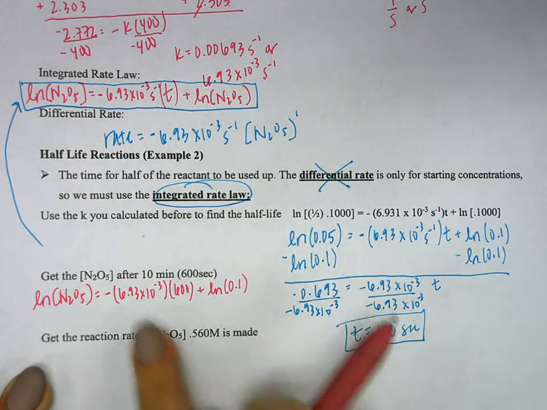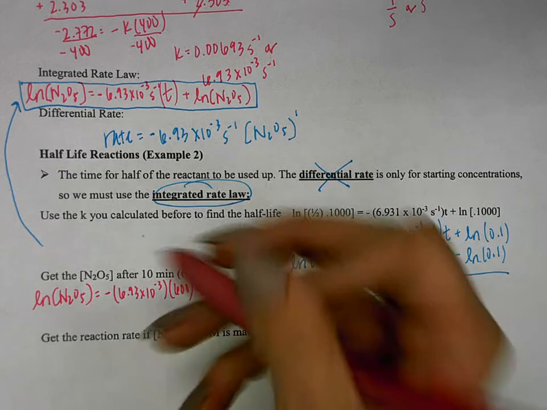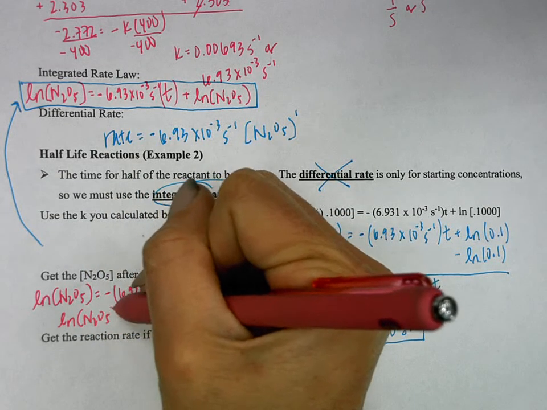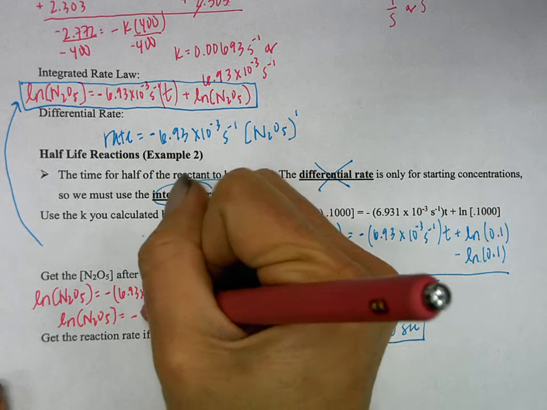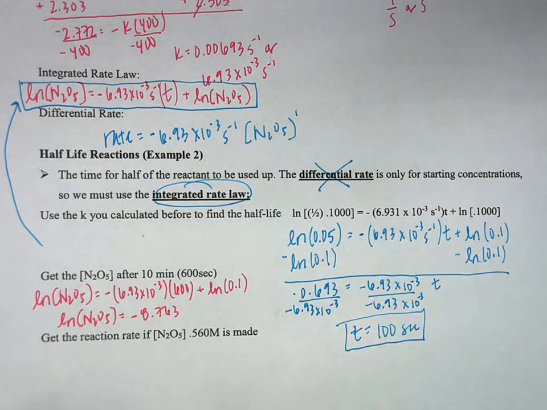So you plug everything in your calculator: negative 6.93 E negative 3, times 600, plus the ln of 0.1. When I do that, I get the ln of N2O5 equals negative 8.763.